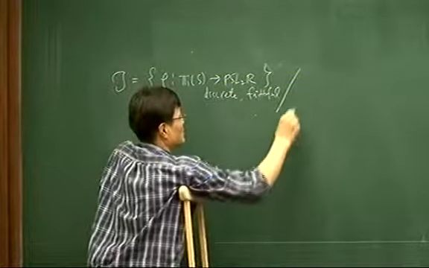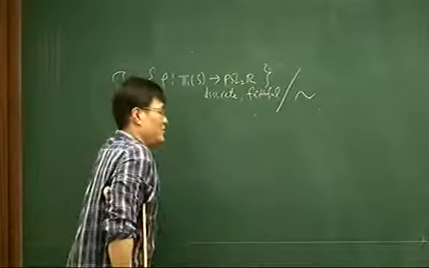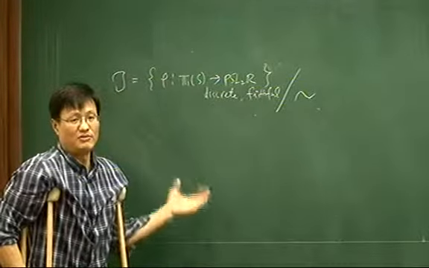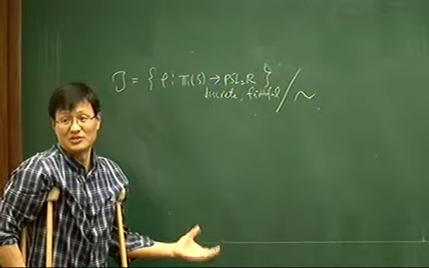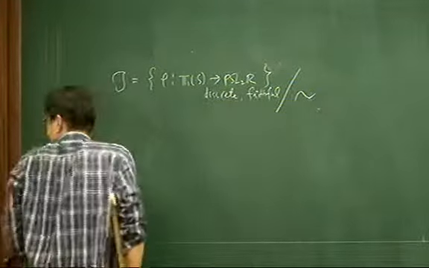So here, if two representations are conjugate, they represent the same marked hyperbolic structure. Okay?